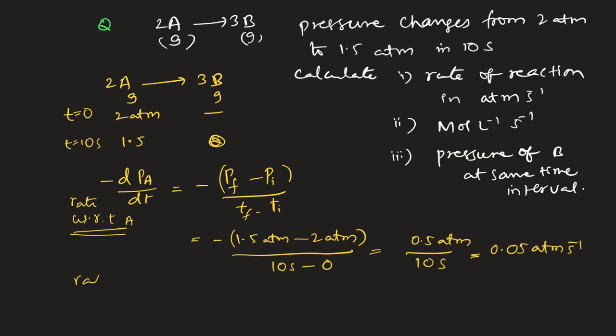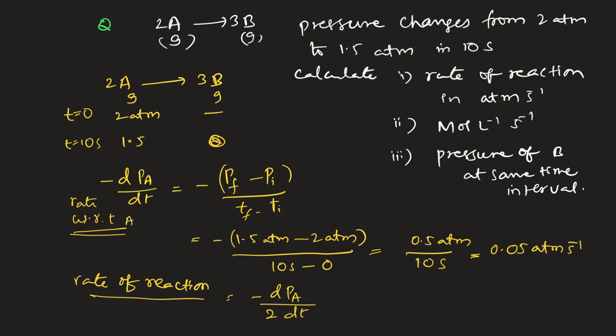Now, rate of reaction. How to calculate this rate of reaction? Minus dP of A by dt, divided by the stoichiometric coefficient. What is the stoichiometric coefficient? 2.